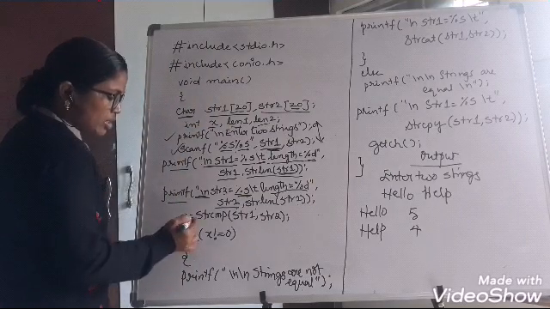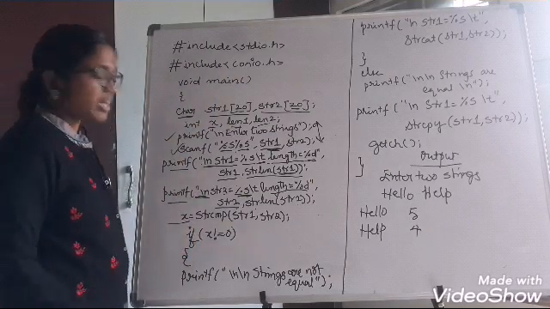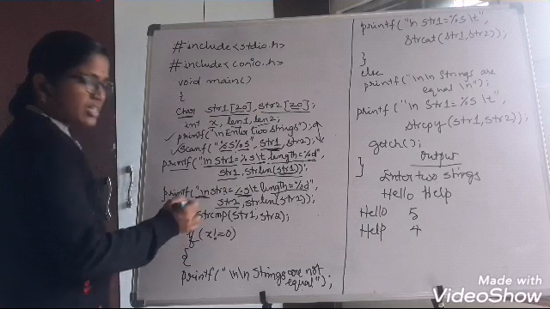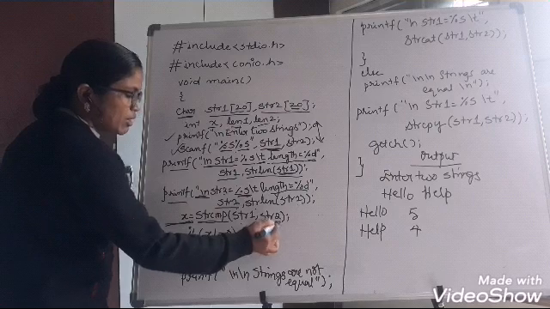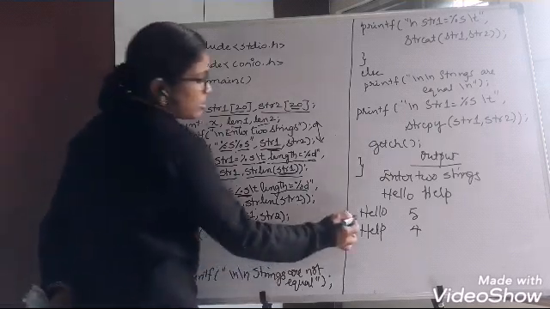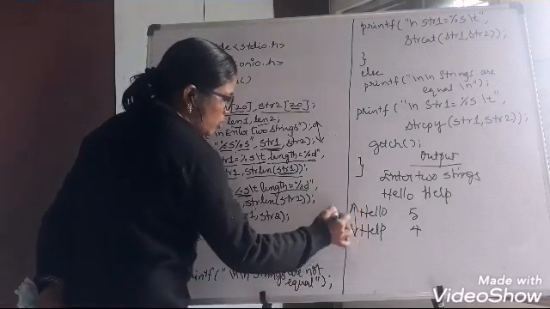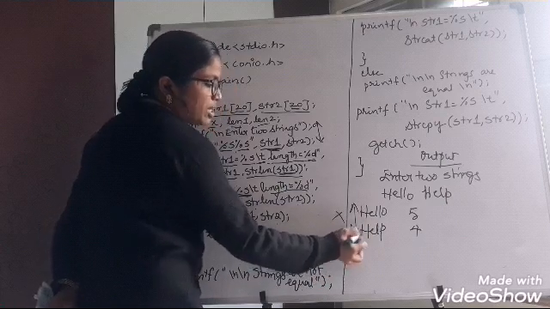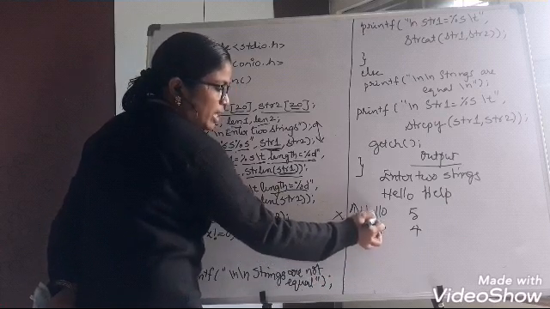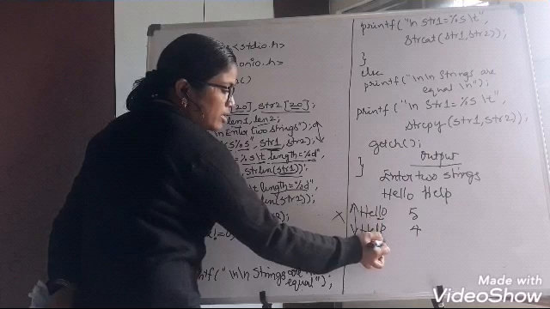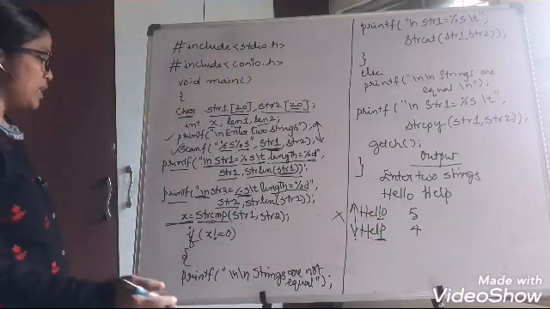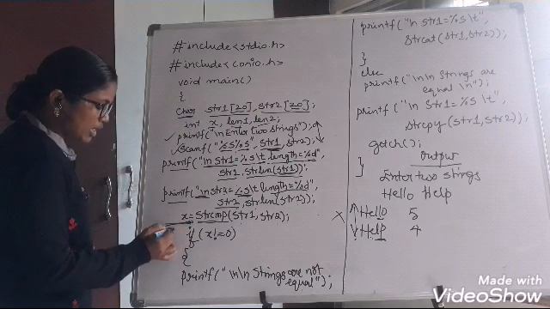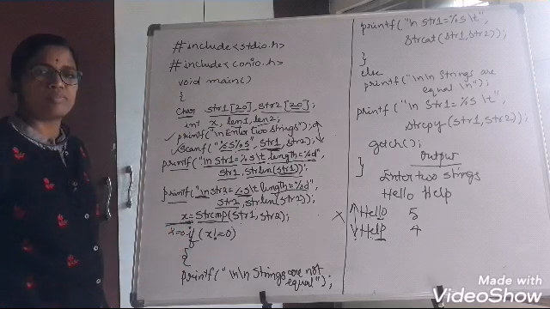Done. Next, I am writing x equals strcmp of string 1 comma string 2, as both strings are not equal. Capital H is okay, small e is okay, ll is okay, but it gives the difference of small l and small p. So x is not equivalent to 0.